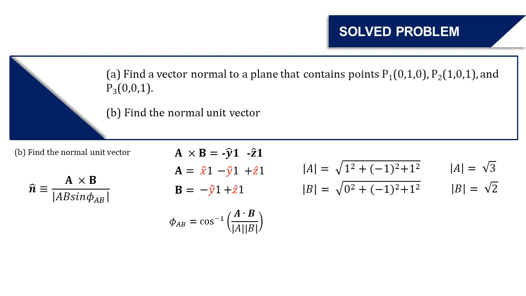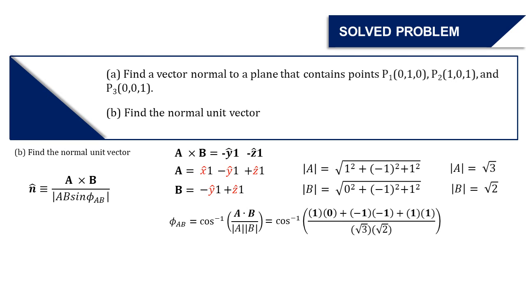Para makuha natin yung angle, we will use the formula discussed in the previous videos kung paano kunin yan. And that would be the inverse cosine or the arc cosine of the scalar product a dot b over the product of the magnitudes of the two vectors.